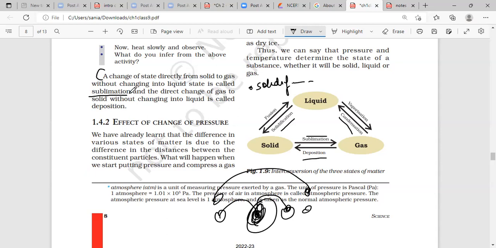Okay? Yes, ma'am. So you will write sublimation again, then this definition, and the next one is deposition.